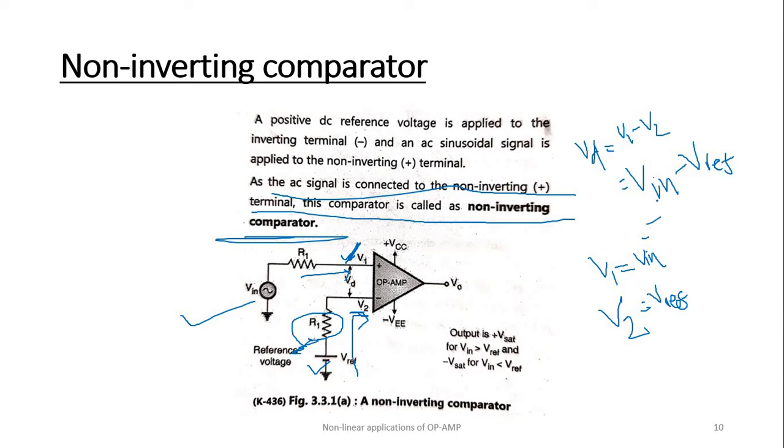In this figure, when VIN is less than V reference, VD becomes negative, so the output of the op-amp will swing to the minus V saturation. And when VIN is greater than V reference, the difference VD becomes positive, so the output of the op-amp will swing to the positive.